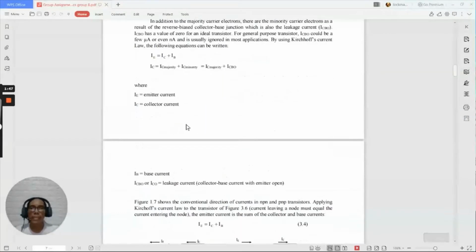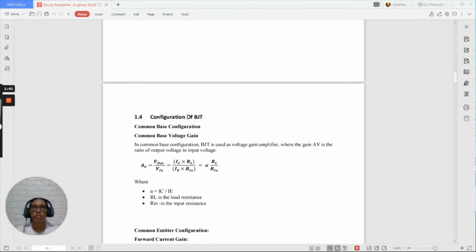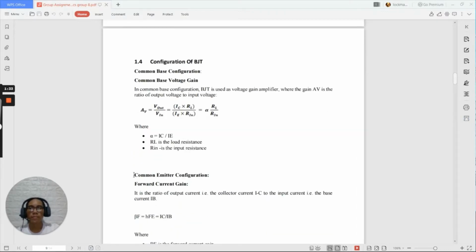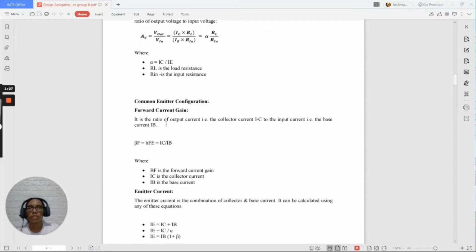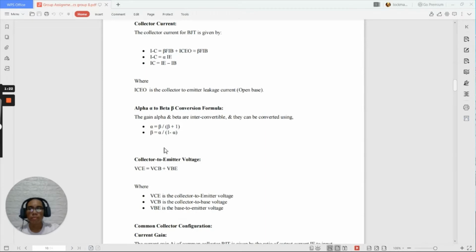Okay, now we move on to the configuration of BJT. For the configuration, first we have the common base configuration, which has the common base voltage gain, and next we have the common emitter configuration, which has forward current gain, emitter current, collector current, and we have the alpha and beta conversion formula, which is alpha equals beta over beta plus 1 and beta equals alpha over 1 minus alpha.